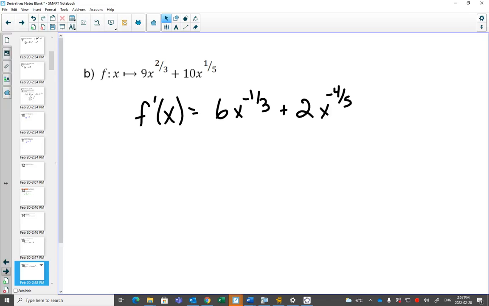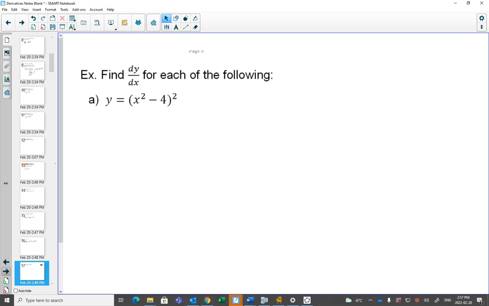If you don't know your rules for logarithms, then it can just go bad altogether. This is one that's not in a form right now that fits any of our rules.